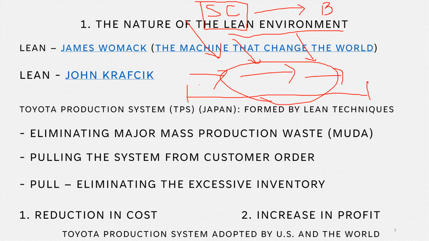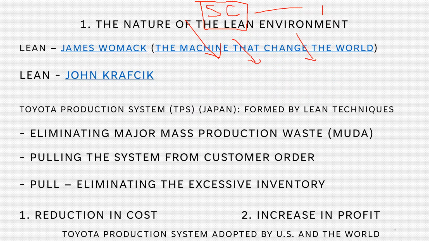So again, you are experiencing in the industry environment, production system environment, I should say, the improvement of the systems. And the issue that we're trying to solve right now is the supply chain issues. Again, this is motion and time study.